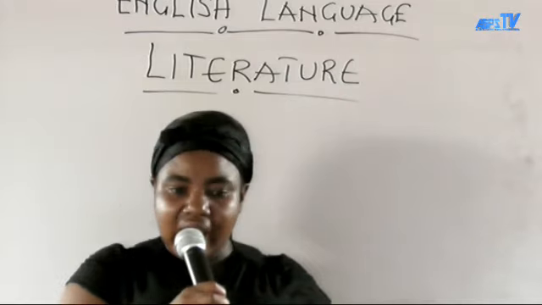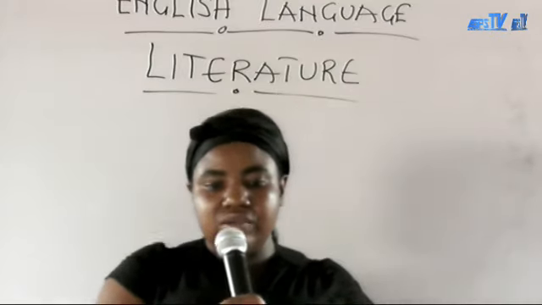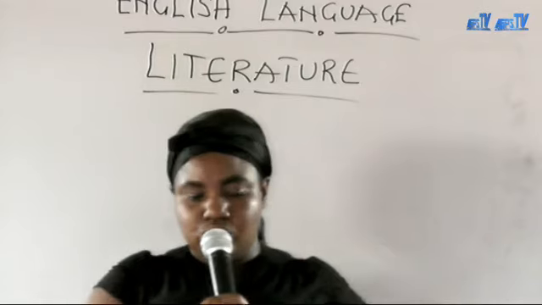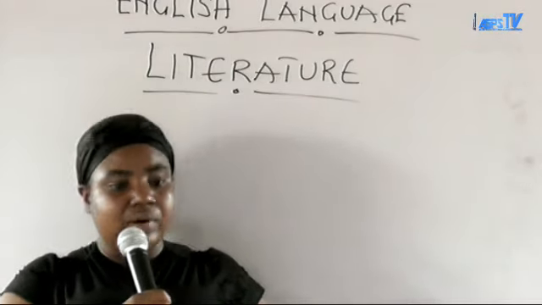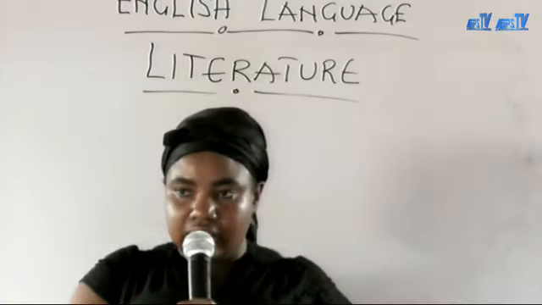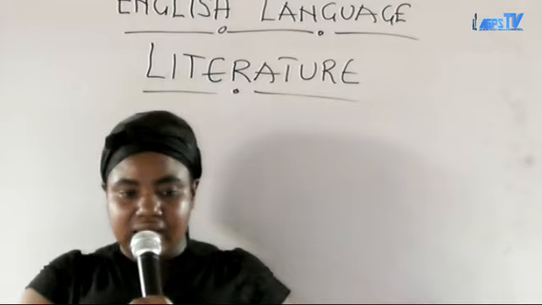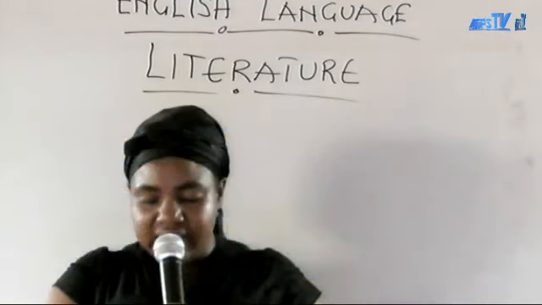Then the last one we are going to talk about is when we combine two opposite words. When we say opposite words, we are talking about antonyms. Example: happy, sad, scarce, plentiful, and so many others.